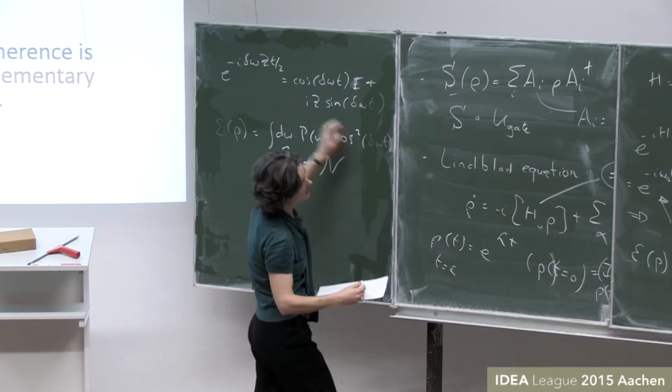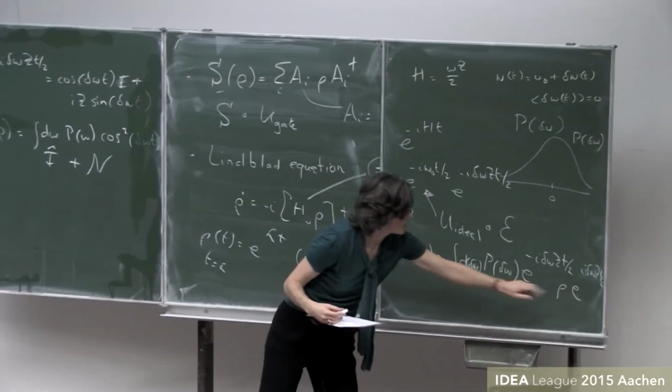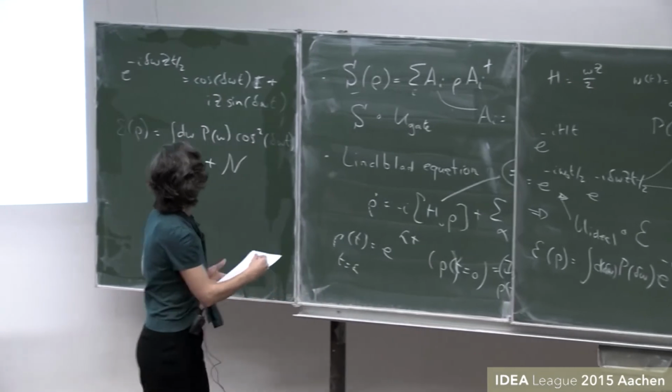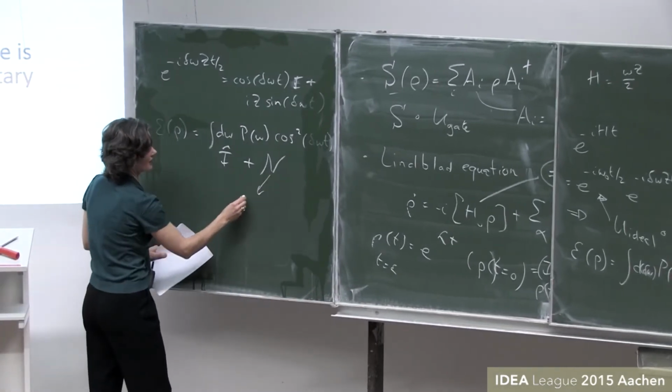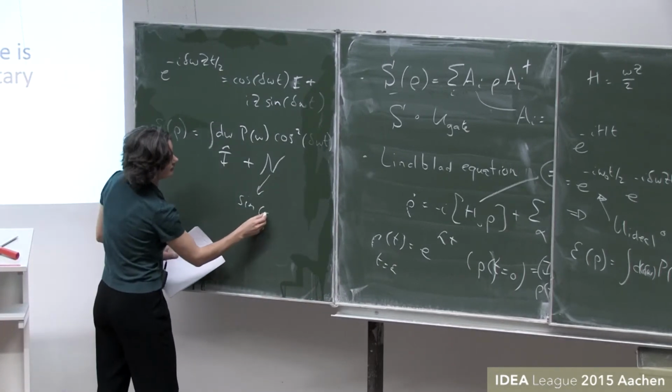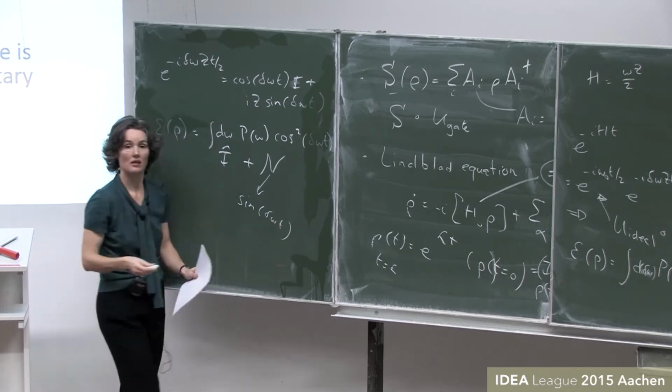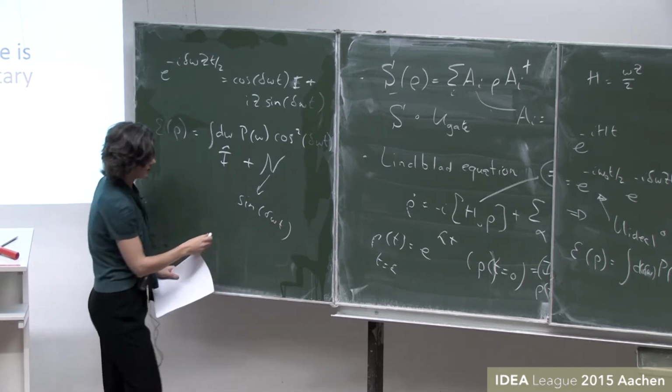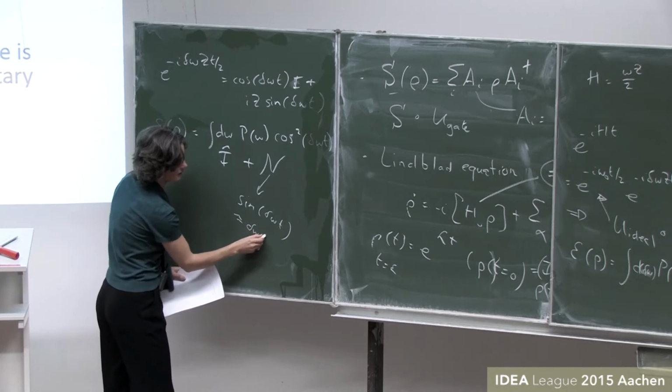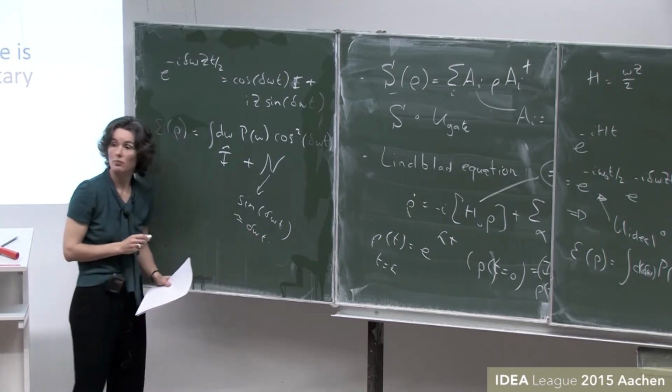I put this in here on both sides, and this thing has at least a sine delta omega t in it. And of course, this is very small.